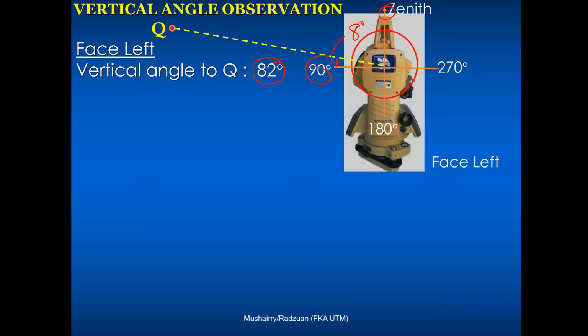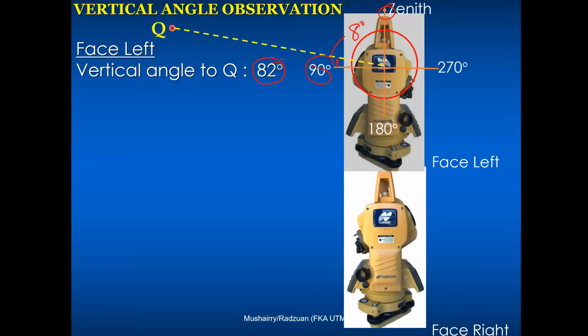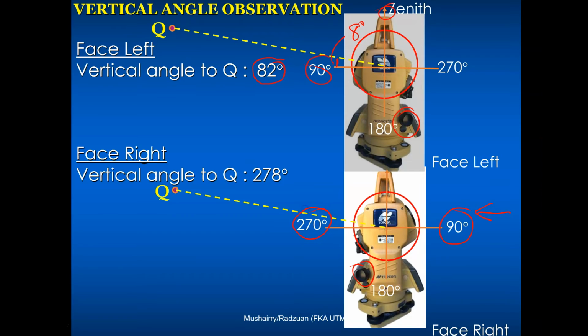Now, when I change to phase right, the panel is moved to this side, so my 90 is now on this side. If I'm observing from there, my horizontal is now 270, no longer 90. So for the same point Q, if I point the telescope to Q and read the vertical angle, I will get 278, which is 8 degrees plus 270.